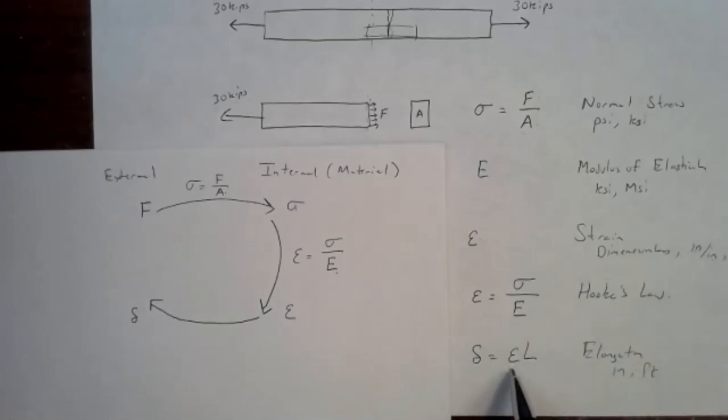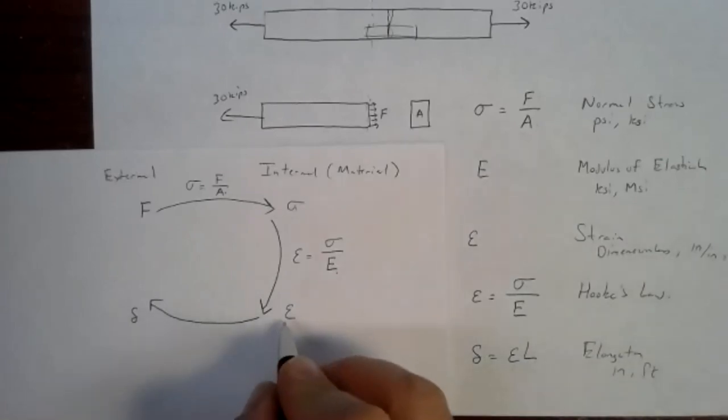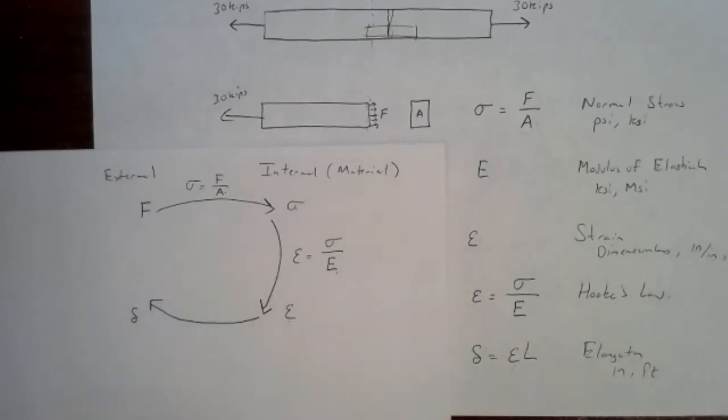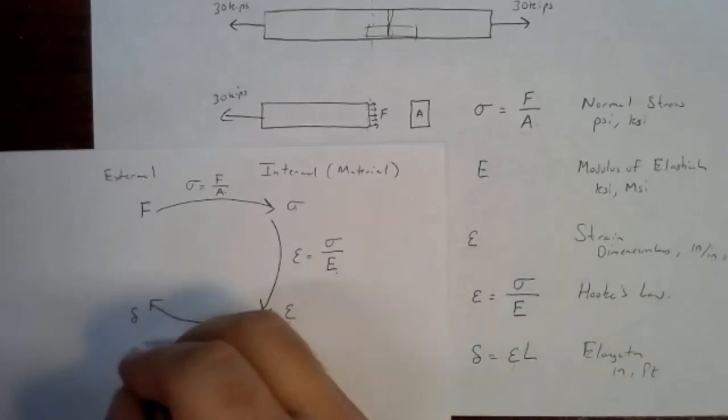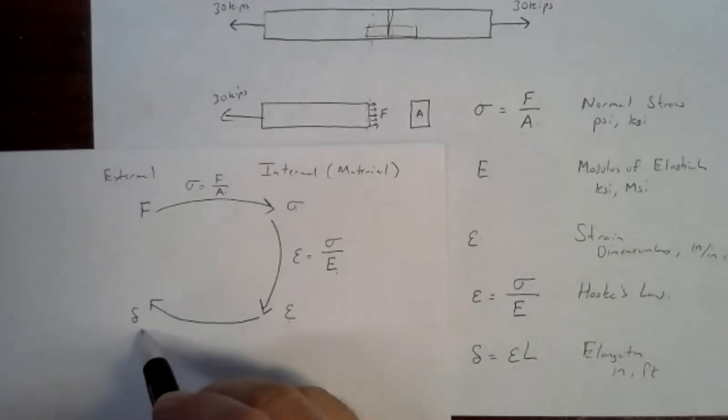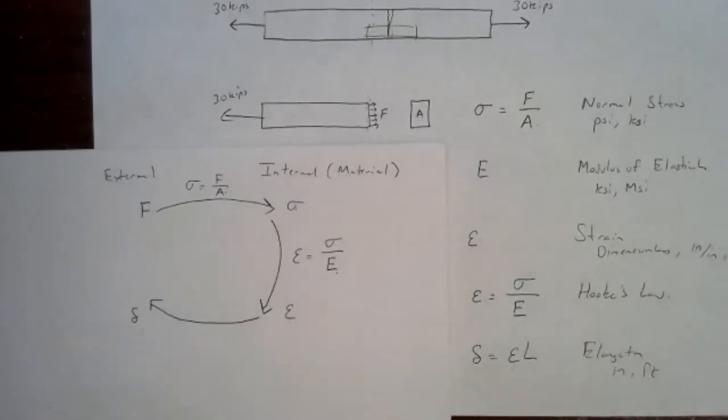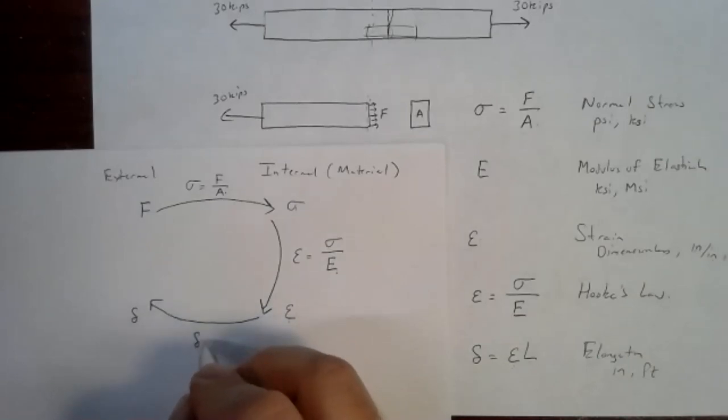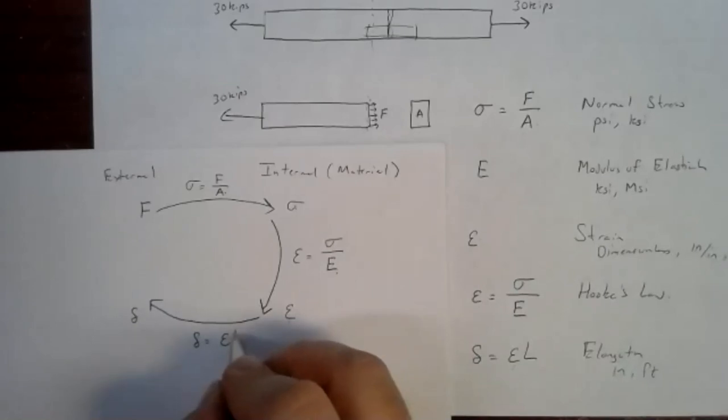Since strain has no units, all it does is tell us how much each inch grows. If we multiply that by the number of inches, that tells us how much overall growth we've got. So we can get from our strain to our elongation, which is another external property, something we could physically measure, versus something that's happening inside on the material level. We can calculate that with delta equals epsilon L.